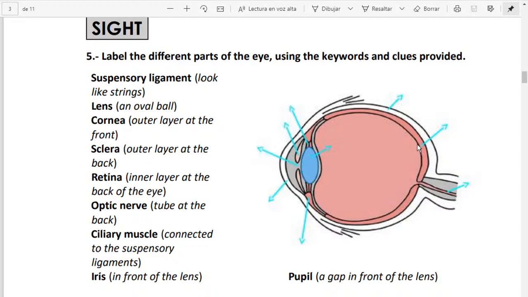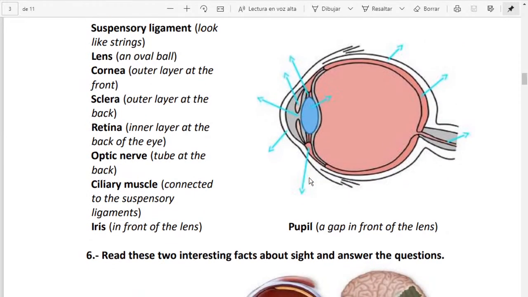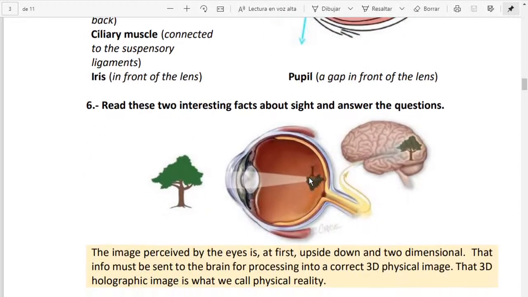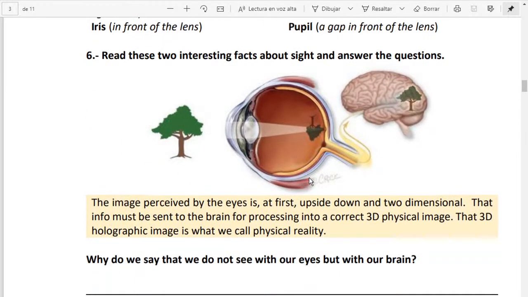The moment the retina turns this light energy into electrical energy, this is a nervous impulse that goes all the way along the optic nerve to the brain. Good. I think you can follow this exercise. This is a very important exercise.